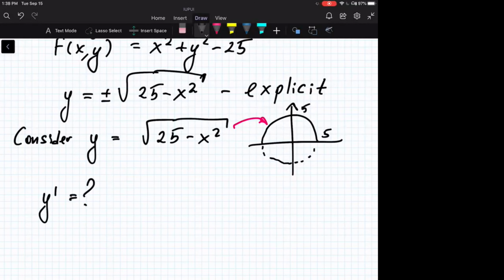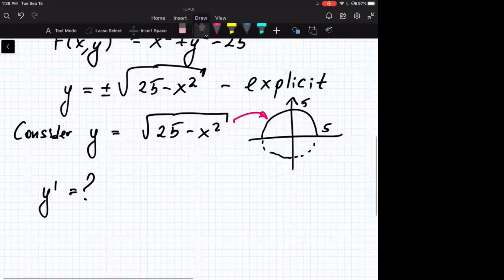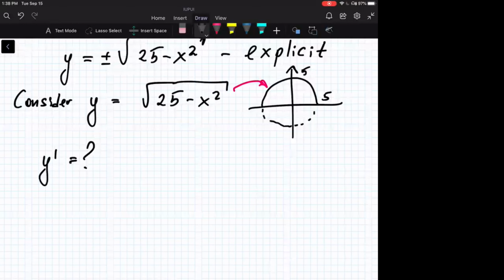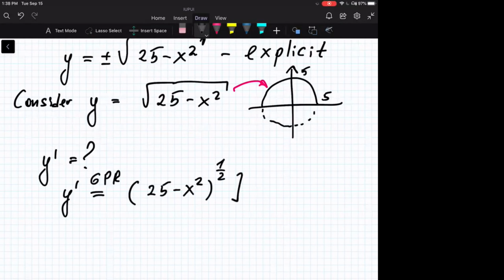And one of the ways is, for example, the chain rule. Oh, maybe the generalized power rule. Say generalized power rule. y prime. So it's 25 minus x squared to the power 1/2, and derivative of this stuff.